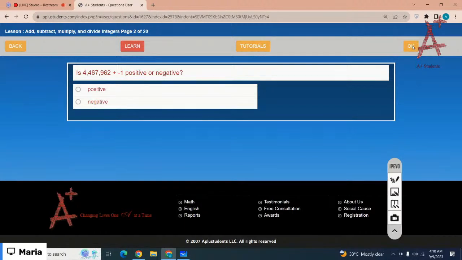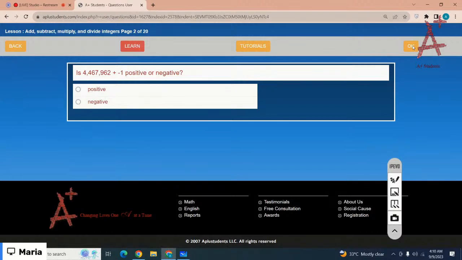What is 446,962 plus negative 1, positive or negative? Let's look for the greater number. The greater number is 446,962 and it is positive, so the answer must be positive.